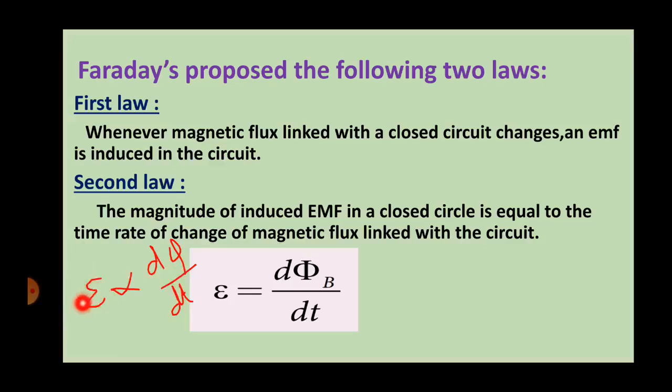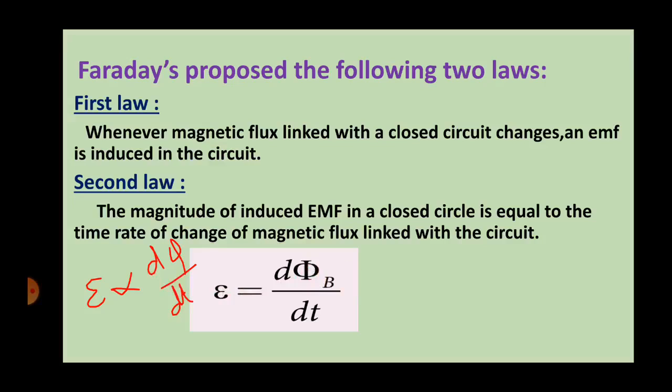So E, or induced EMF, is directly proportional to dφ by dt. Therefore, proportionality is cancelled, E is equal to dφ by dt. This is Faraday's second law.